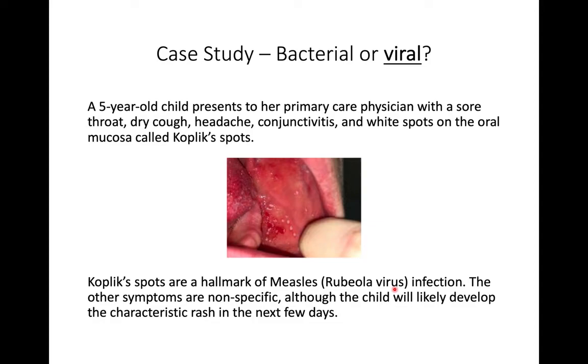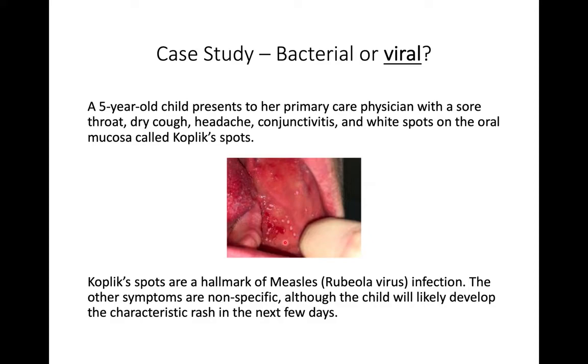Now, these Koplik spots are a hallmark of infection with measles, whose name is rubeola virus. The rest of the symptoms, the cough, the headache, conjunctivitis, sore throat, these are pretty nonspecific. It could be a number of viruses causing this. It could be a number of bacteria causing this. So only these Koplik spots this early on told our physician that this child had measles.